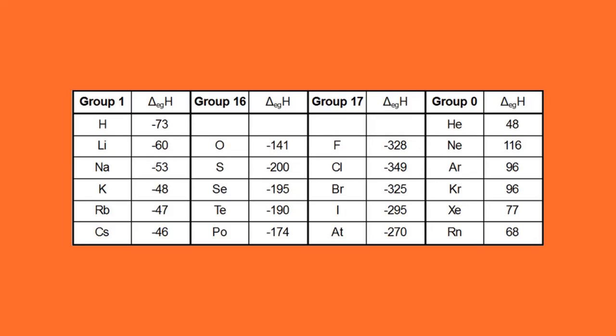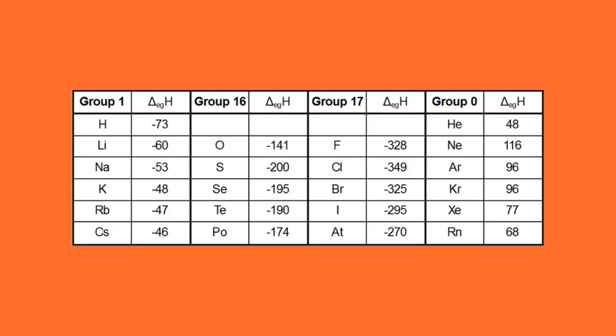Next, notice the values of elements like beryllium, magnesium, nitrogen, and phosphorus. The value of electron gain enthalpy for these is going to be higher because of their half-filled and completely filled orbitals.